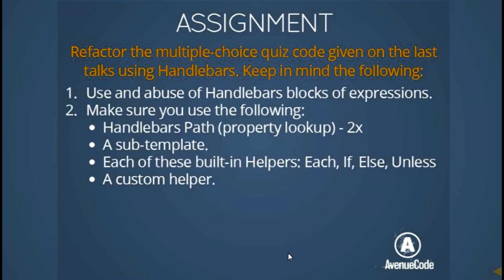You have to use and abuse the Handlebars expressions, and make sure you use the following. Try to make a property lookup twice. Try to use a sub-template, the partials. Try to use built-in helpers, like each, if, and else. And try to make a custom helper too.